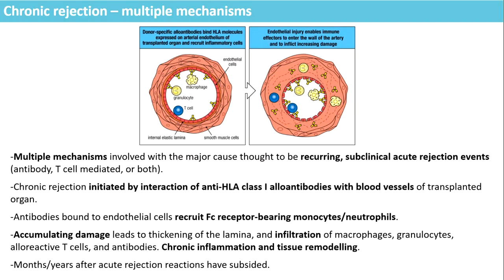So you can see we've got the antibodies binding to the endothelium of the blood vessels, and then we're getting recruitment of macrophages and immune cells. And essentially we're getting inflammation. Okay? So we're getting chronic inflammation and tissue remodeling, and eventually that will lead to chronic rejection. But it can occur months or many years after the acute rejection events.